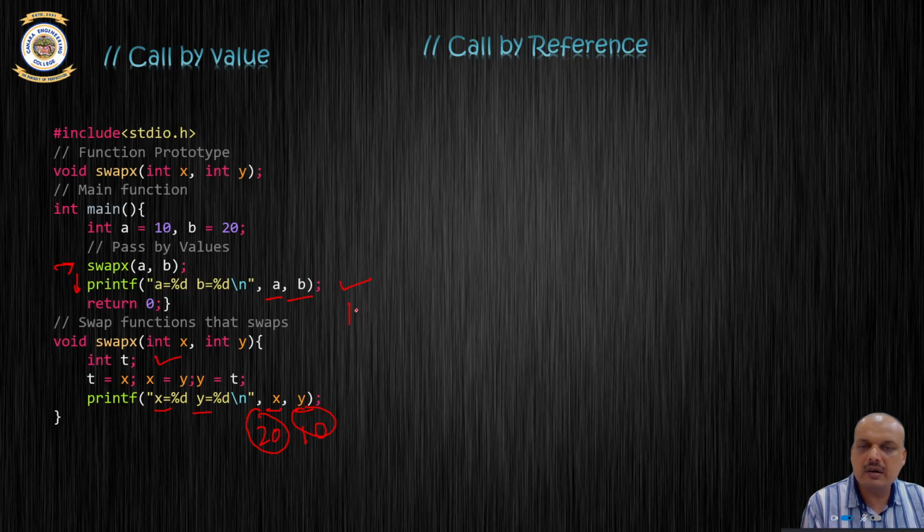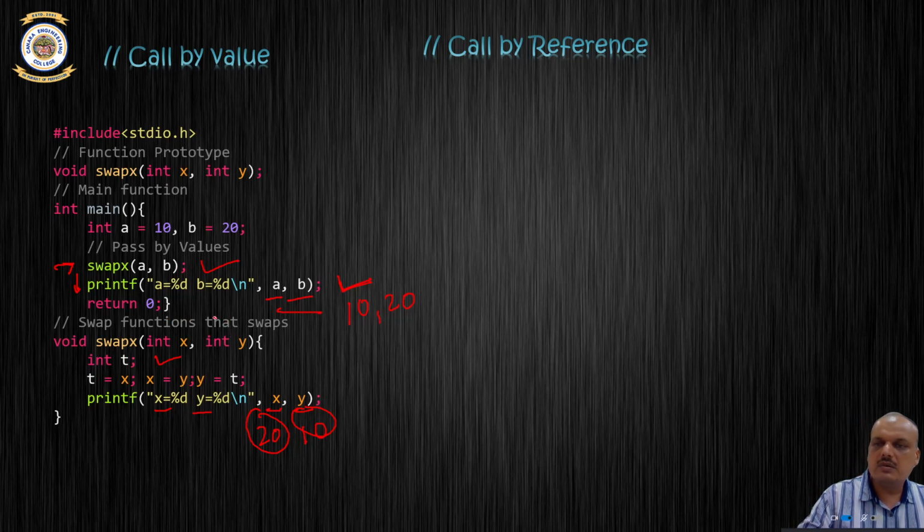What gets printed out is just 10 and 20. So even though you have called a swap function and swapped the values between x and y, what gets swapped is the values of x and y and not a and b. The values of a and b are retained as they are, and that is what you print out in this line of code.